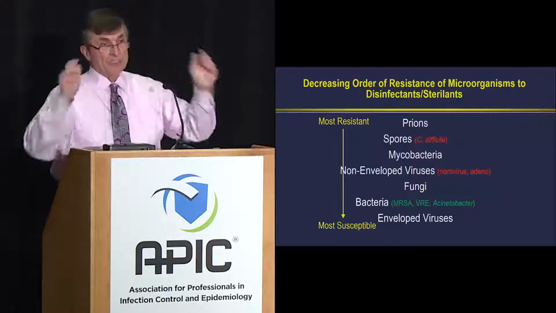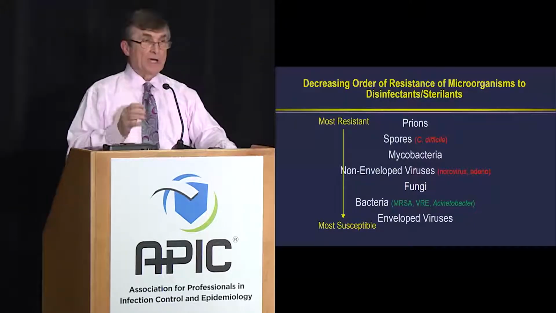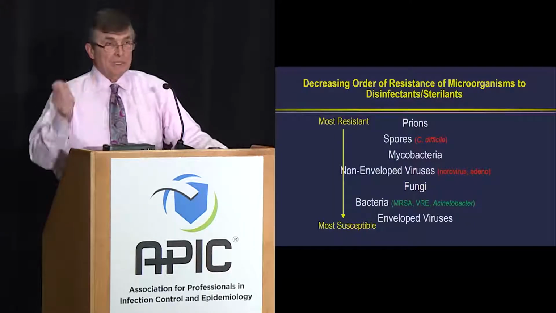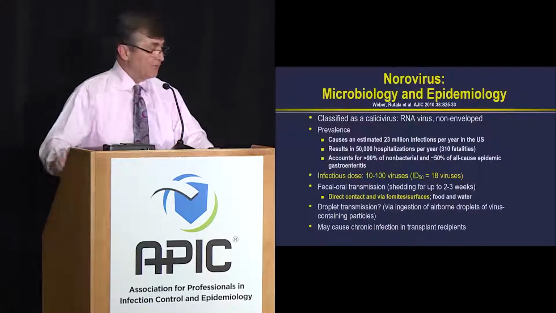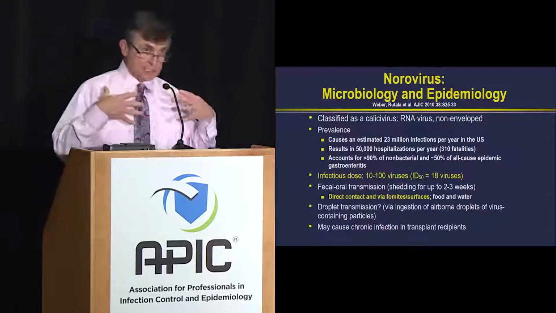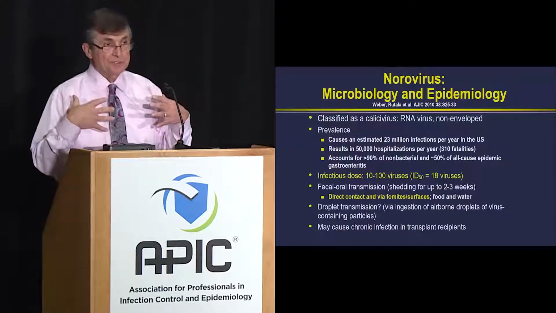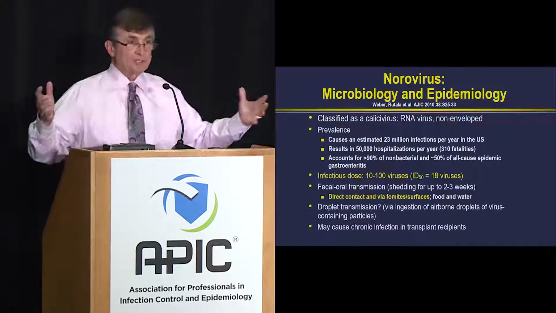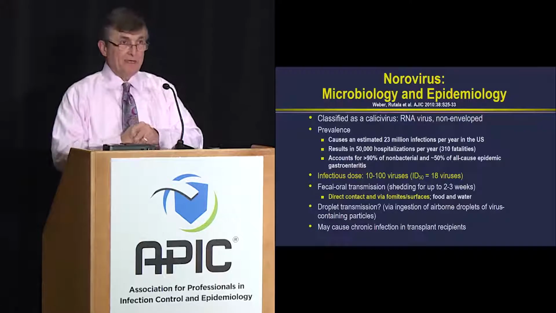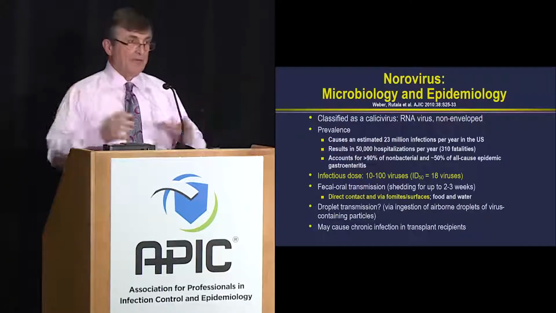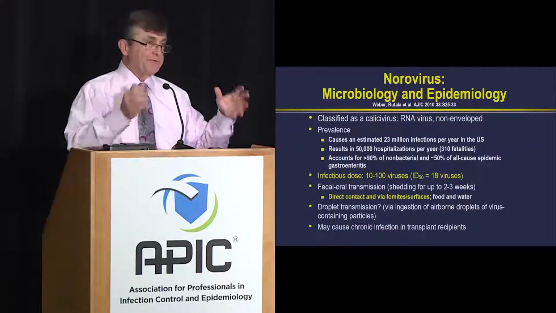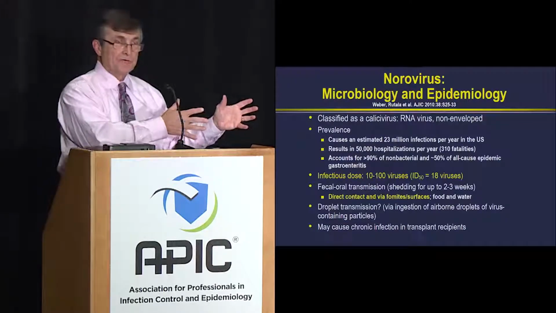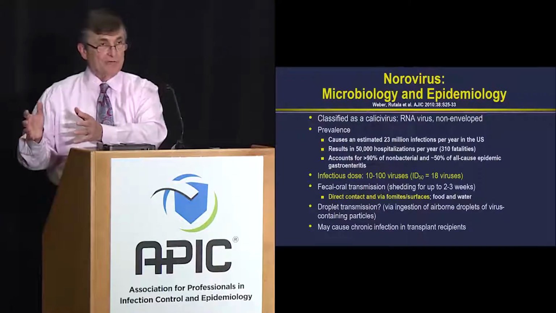Now let's talk for a second about these products as it pertains to unique organisms like norovirus, and let's talk about norovirus as it pertains to our infection prevention practices in our hospitals. I think if you've been in infection control for more than a year, it's likely you've had a norovirus outbreak. And if you've had a norovirus outbreak, you know that sometimes 50% of the patients are infected and 50% of the staff are infected.